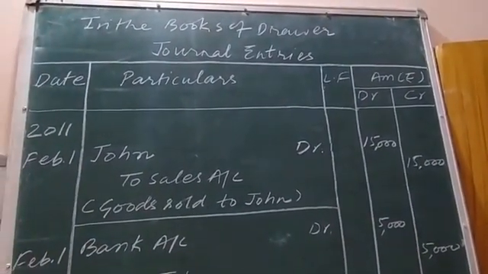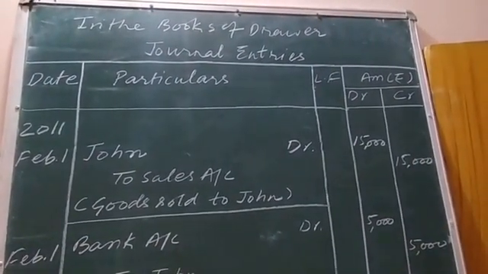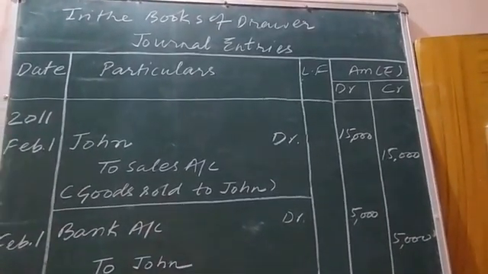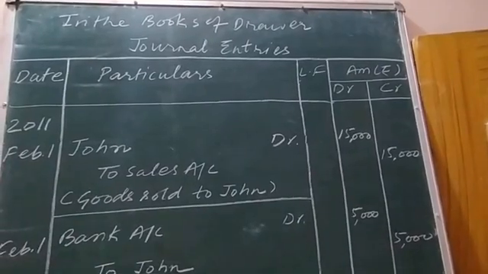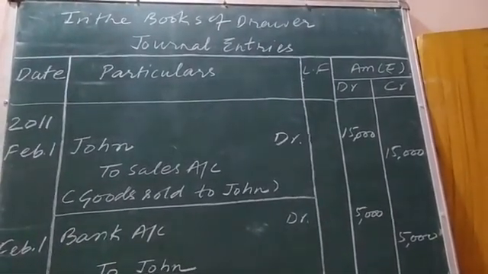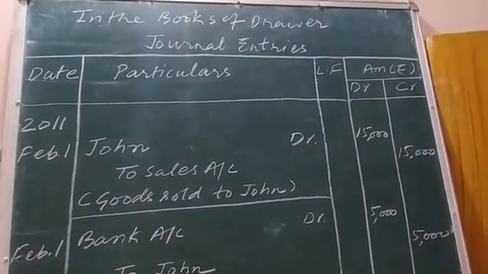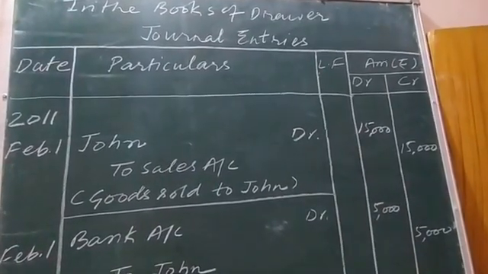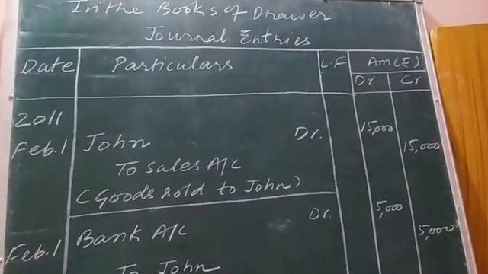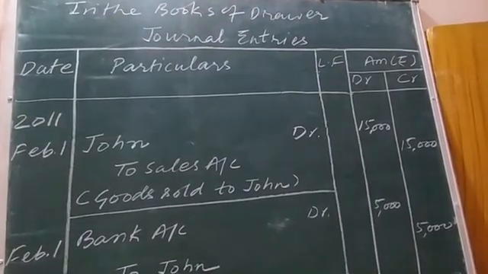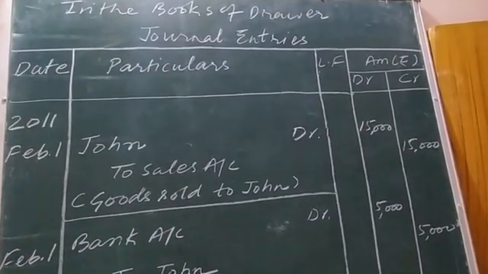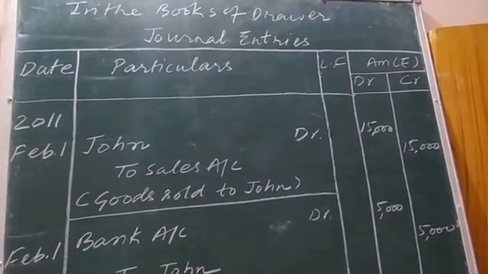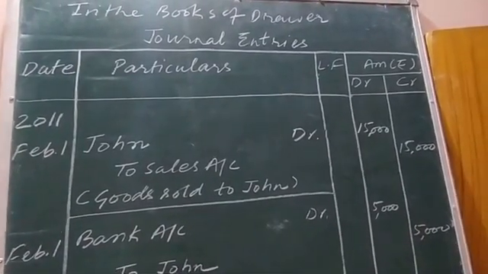Already I explained to you why debtor is debited and sales is credited. Debtor is debited because debtor is a person from whom the goods payment is to be received in the near future. So debtor is an asset, as well as sales indicating the decrease in the assets is to be shown on the credit side.